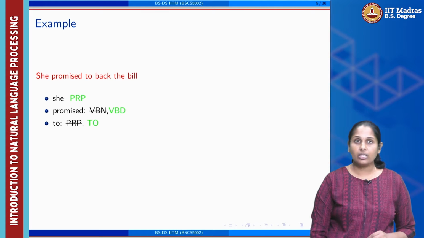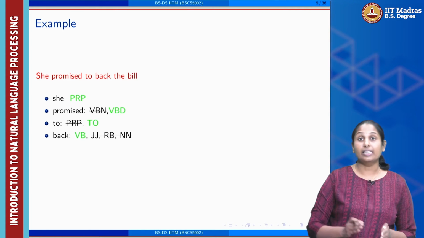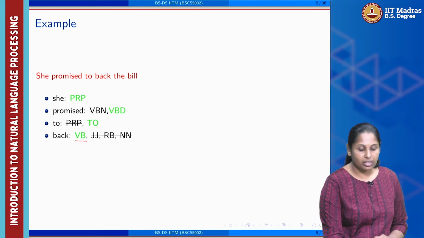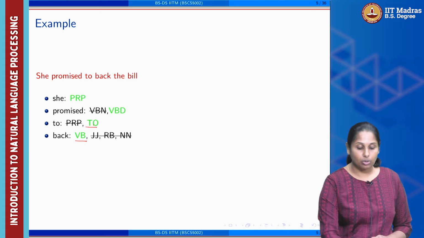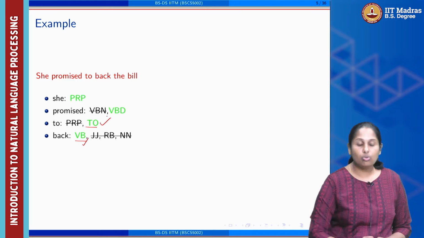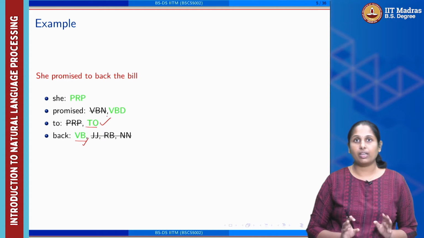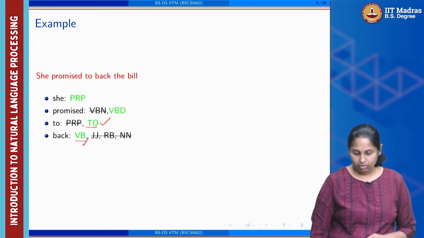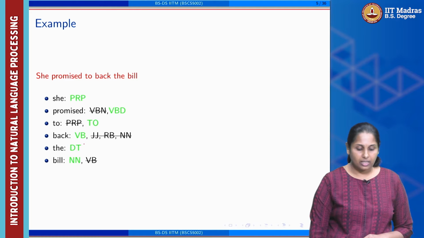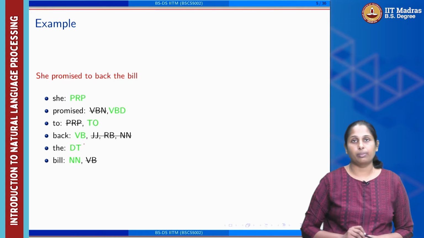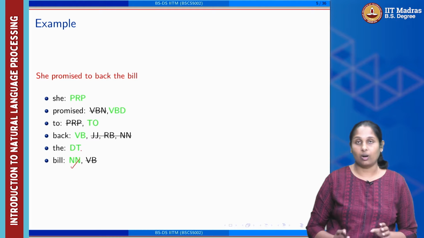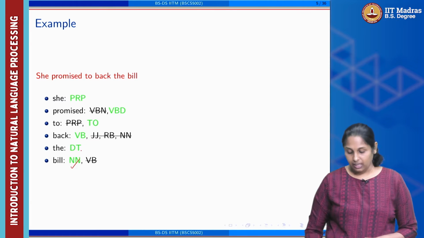Similarly, to is selected looking at the next word prediction. So, the next word is predicted as VB, and this particular word is predicted as TO. So, these two of them are disambiguated with the category infinitive and the verb phrase. And the is a determiner, and since the is a determiner, it will automatically select NN as the tag, not VB as the tag.